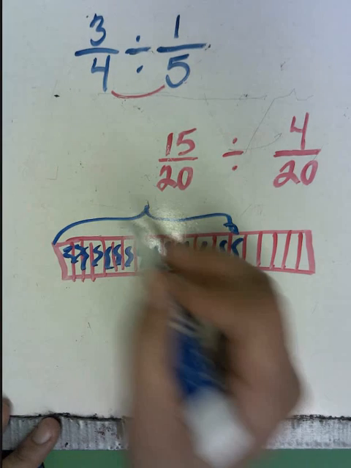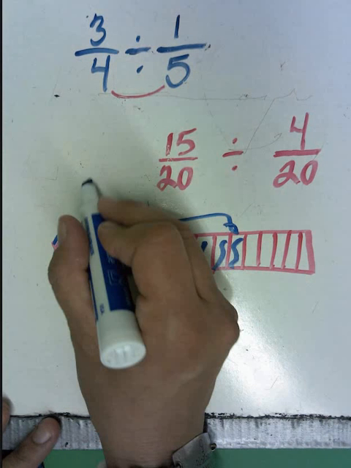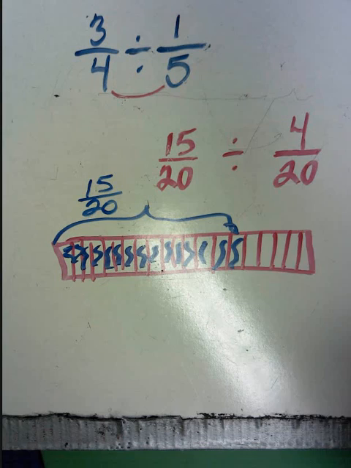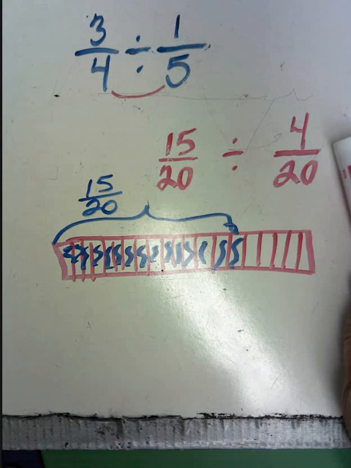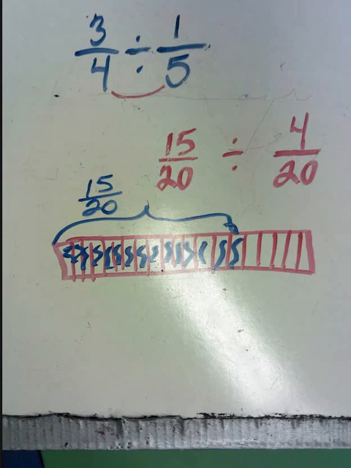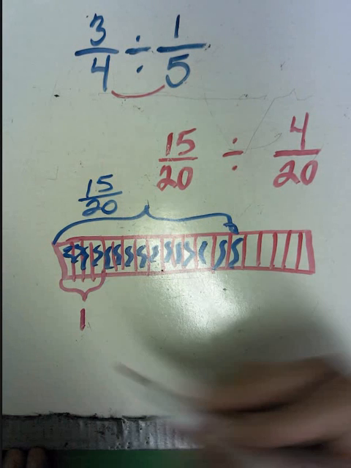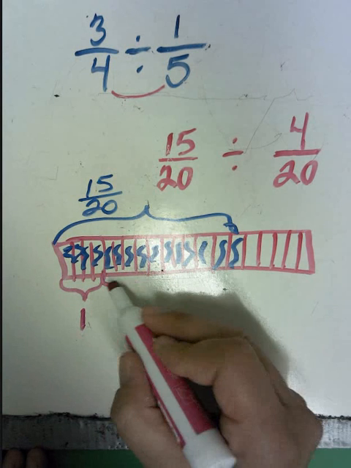So I'm going to go down here and say, okay, well, here's one group of 4. There's another group of 4. And I see another group right here. Then I have 3 left.